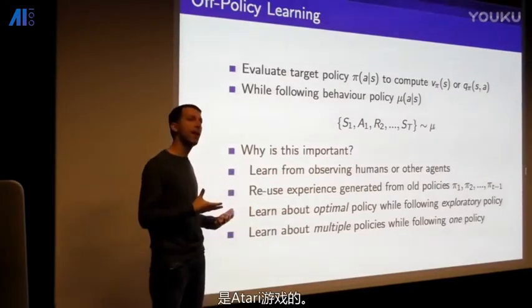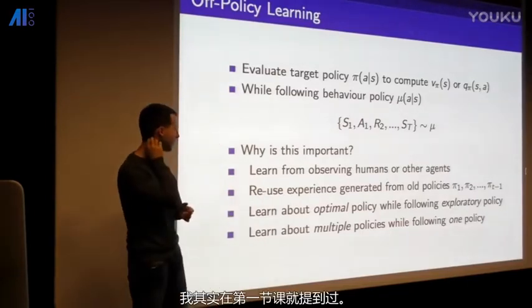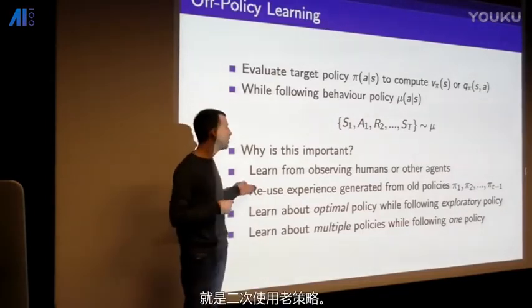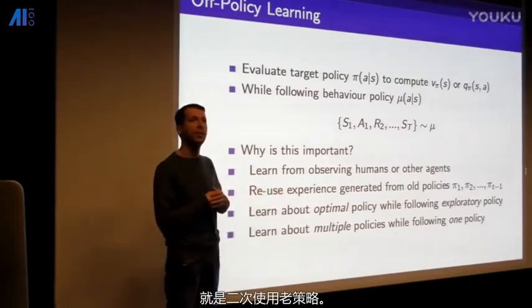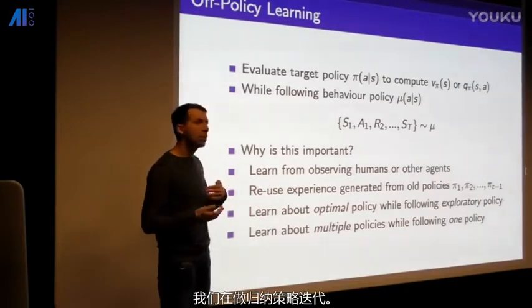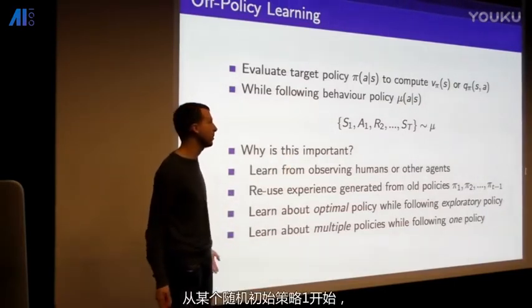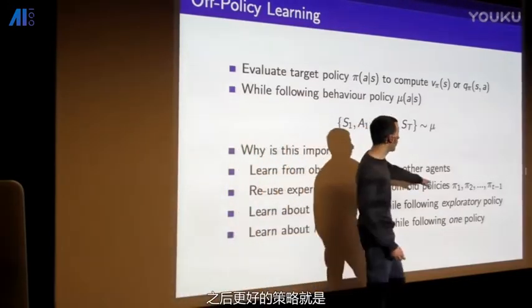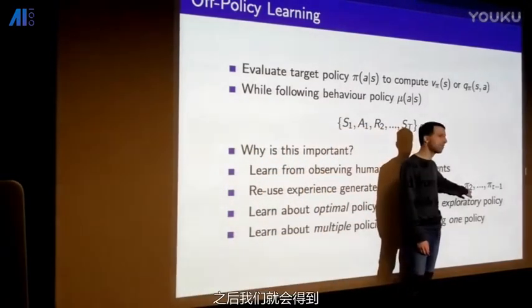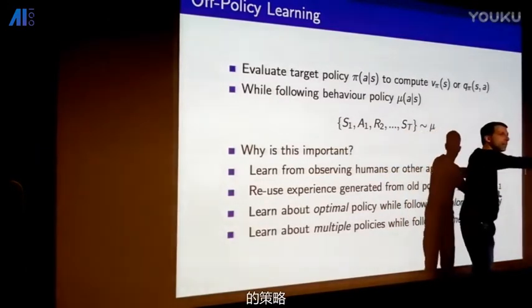A specific case, we use this, for example, in the Atari work that I mentioned in the first lecture, is to reuse experience from old policies. Imagine now that we're doing our generalized policy iteration. We move through a whole sequence of policies when we do that. We start with some initial random policy pi 1, and then we make it a little bit better to give us pi 2. Eventually we end up getting better and better policies.